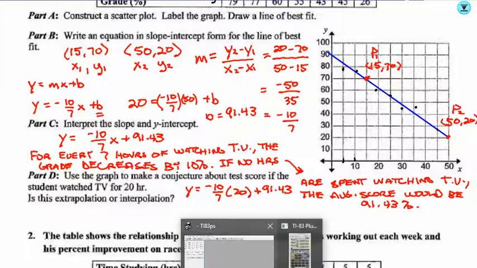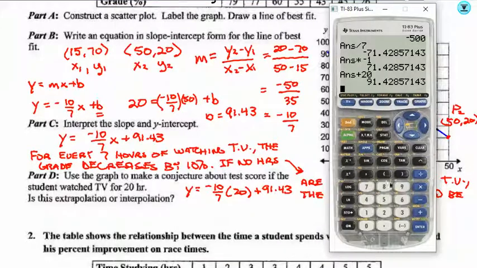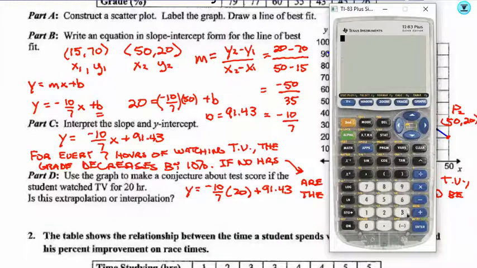So let's do that. So I'm going to go negative 10 times 20, which gives me negative 200. Divide that by 7.